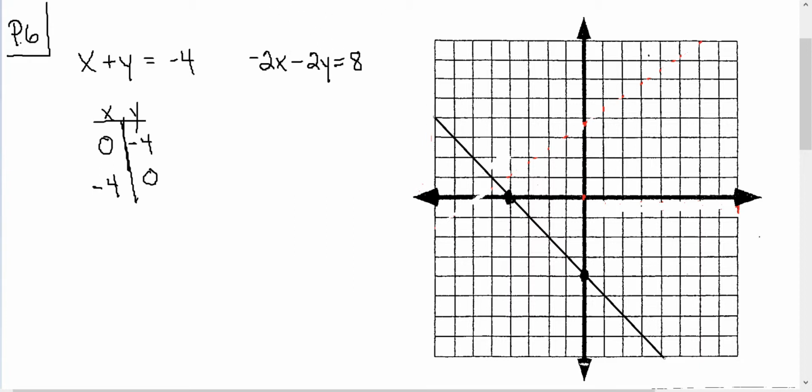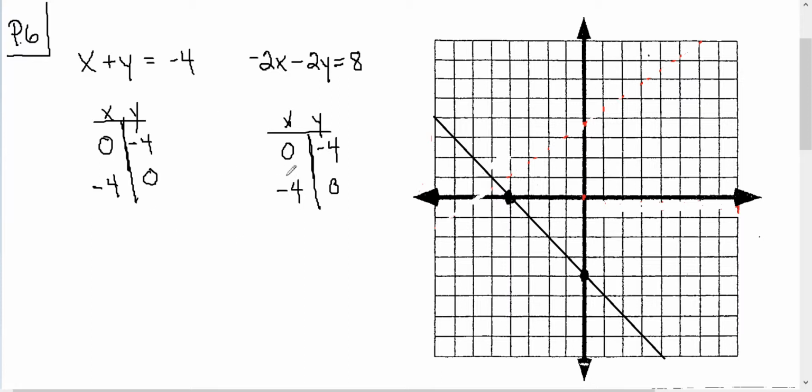There's that line. And how about we graph the second line? Okay, same way. These look like multiples of each other, so x and y are on the same side. So that means when x is 0, y is going to be negative 4. And how about when y is 0, x is negative 4. Same numbers.